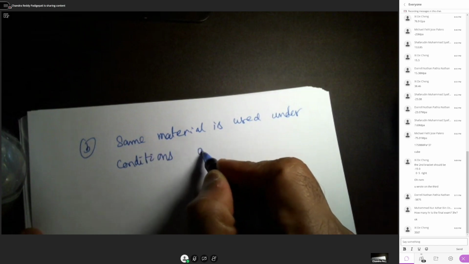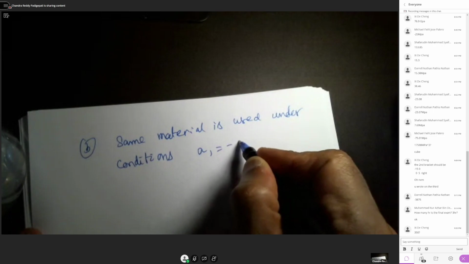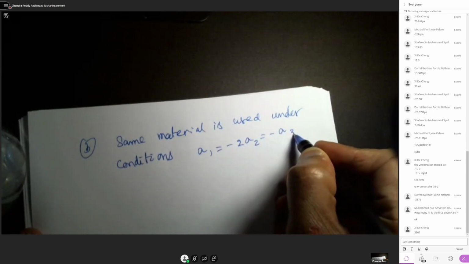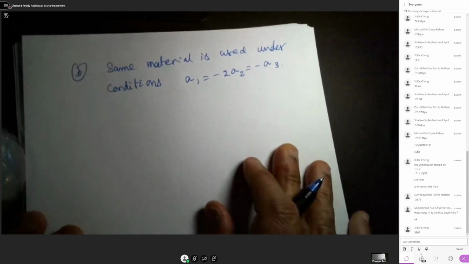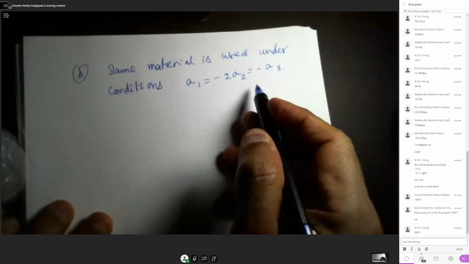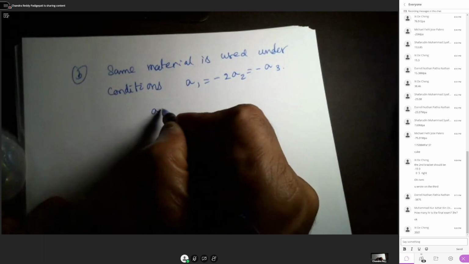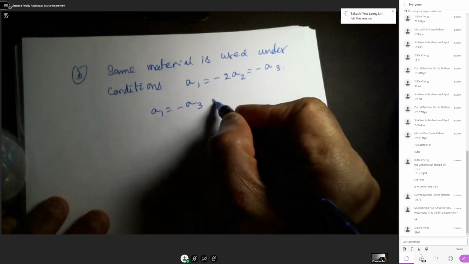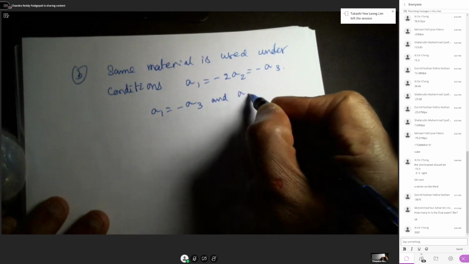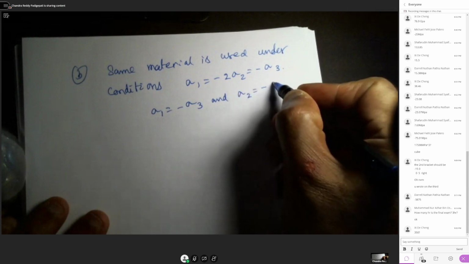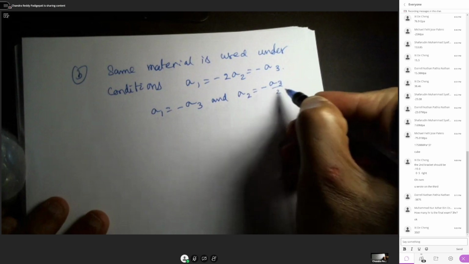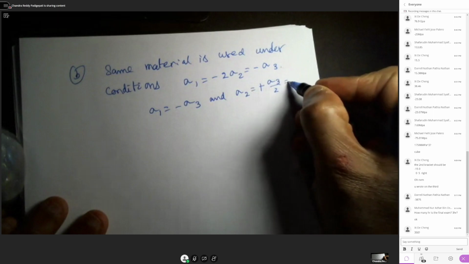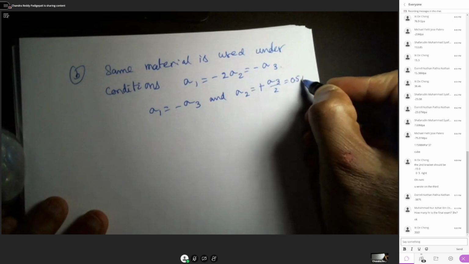Here sigma 1 is equal to negative 2 sigma 2 is equal to negative sigma 3. That means we can say sigma 1 is equal to minus sigma 3 and sigma 2 is equal to negative sigma 3 over 2. So we can write sigma 2 is equal to 0.5 sigma 3.